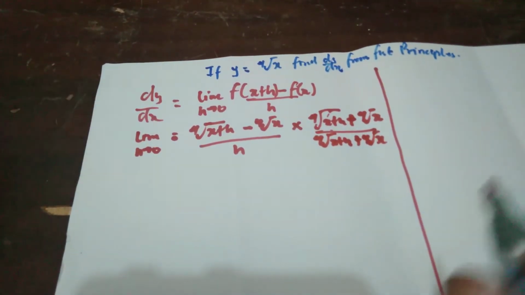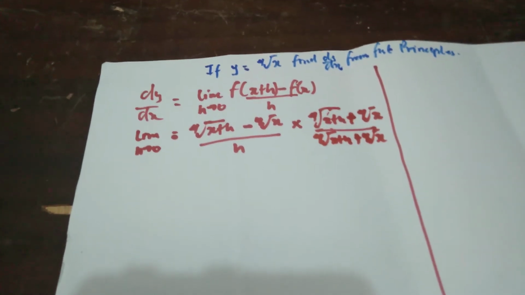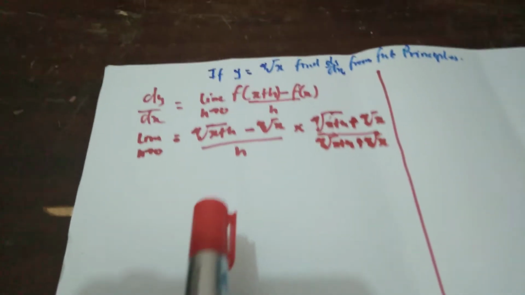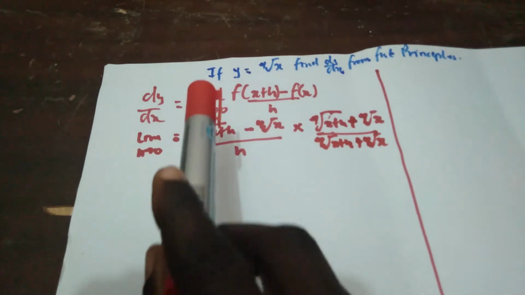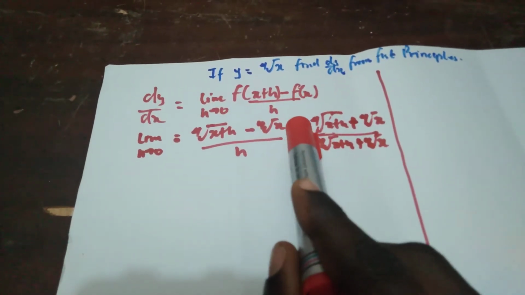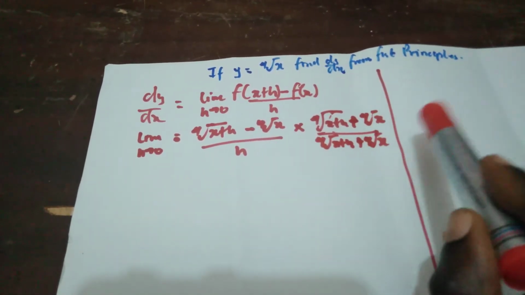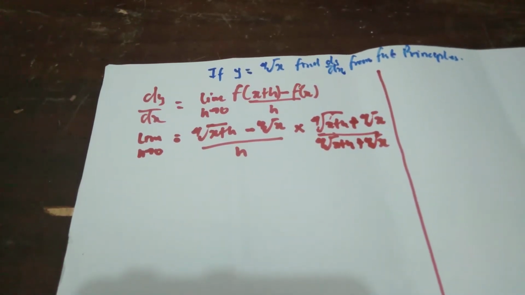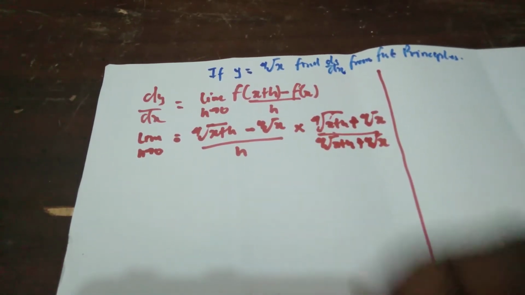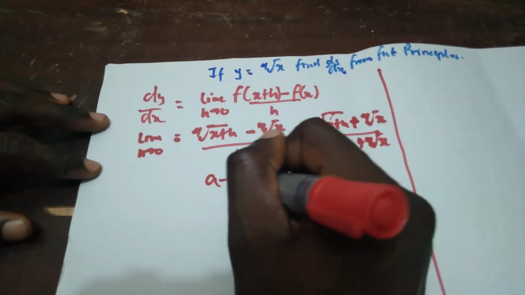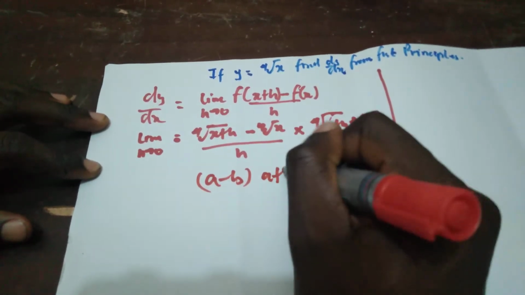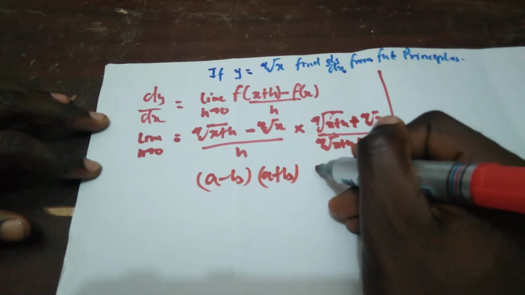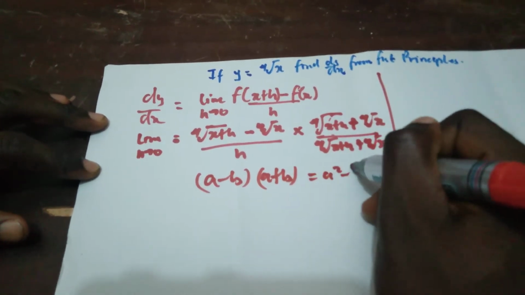This is a minus b and I have a plus b, as a difference of two squares, which gives a squared minus b squared.